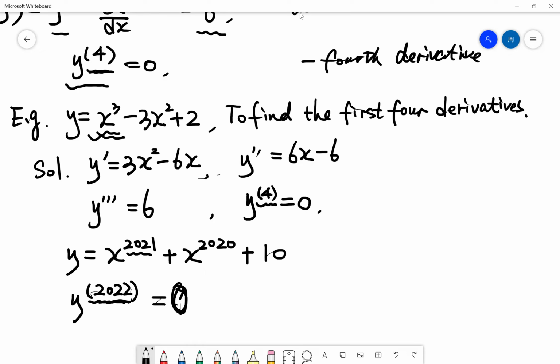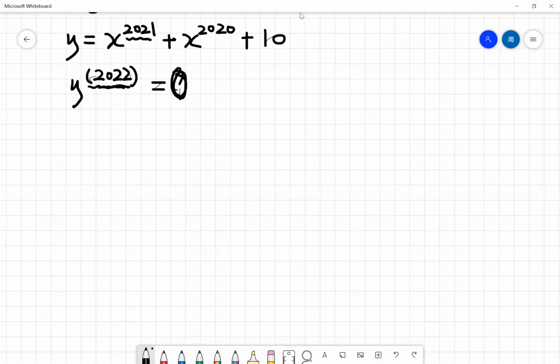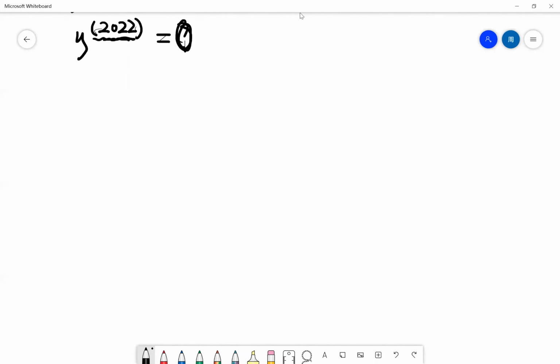So here is the definition of the second derivative or higher order derivatives. And then we will learn another rule to calculate the derivative. And this rule is very, very important. So we give it triple stars here.